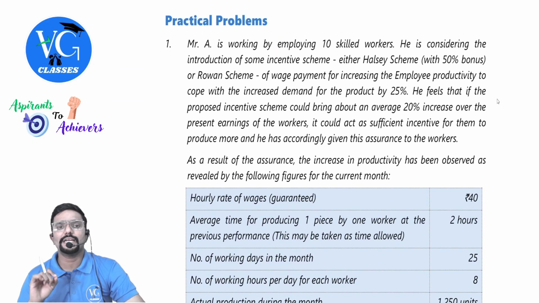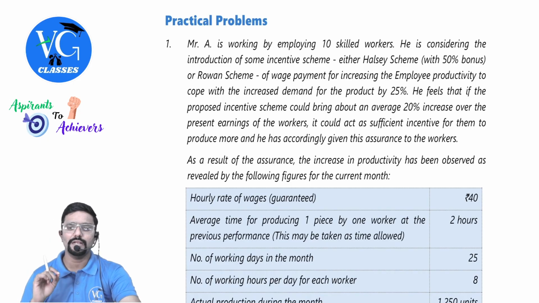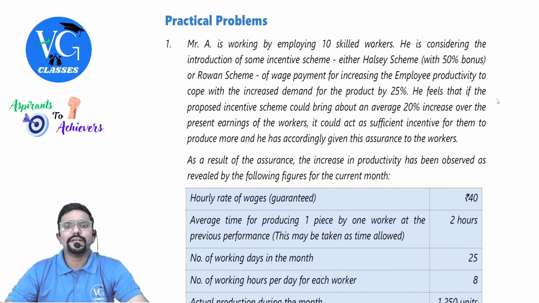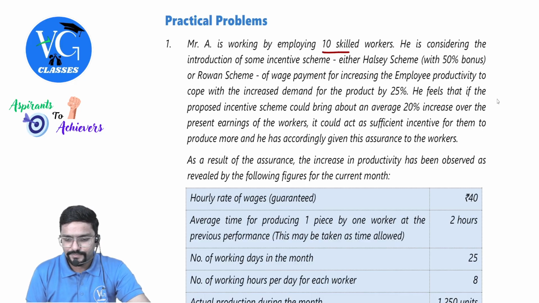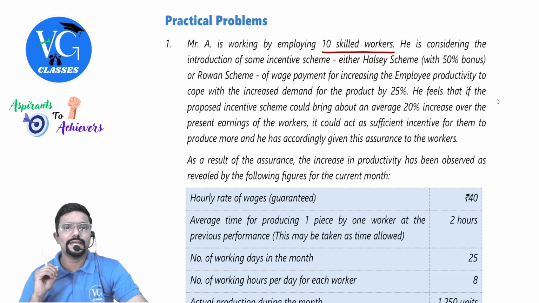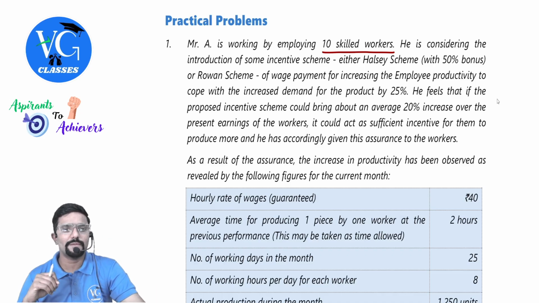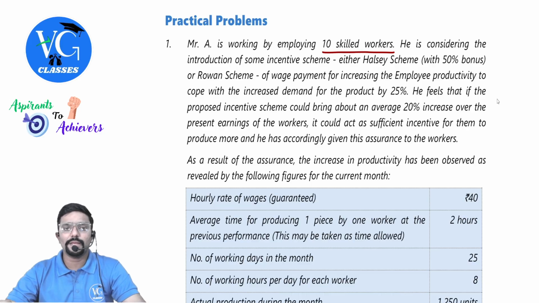Coming to practical problems, guys. Question number 1. Mr. A is working by employing 10 skilled workers. He is considering the introduction of some incentive scheme, either a scheme with a 50% bonus or the Rowan scheme of wages payment, for increasing employee productivity to cope with increased demand for the product by 25%.